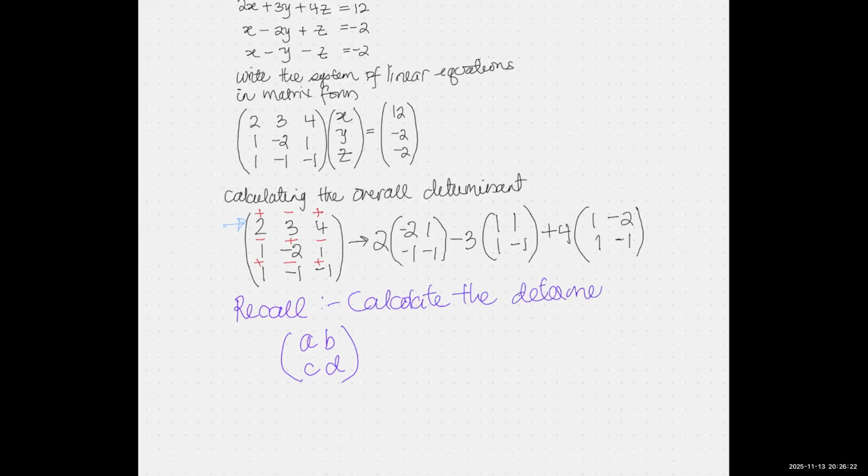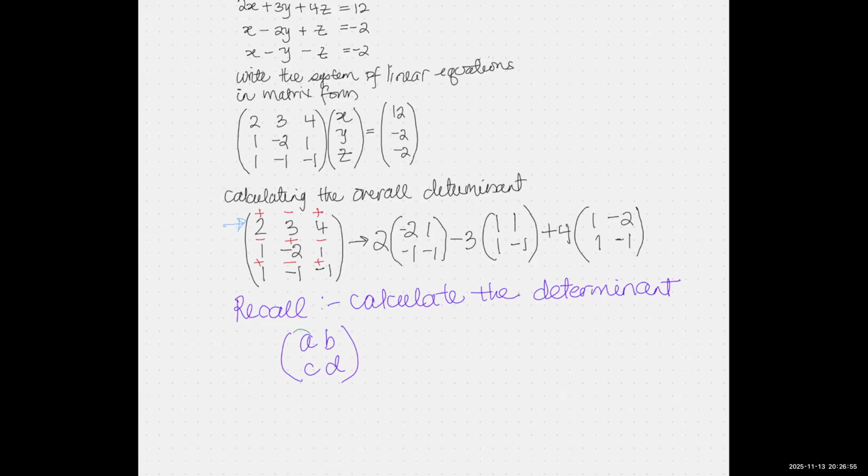Let me rewrite this because some troublesome students are going to say, what is that? So I'm calculating the determinant. Now look at what is happening. It is always the leading diagonal minus the other diagonal.